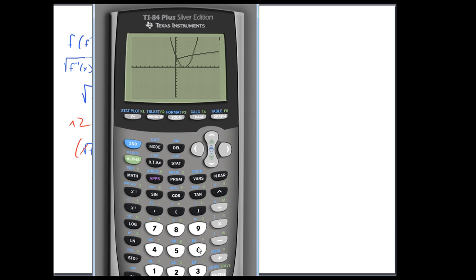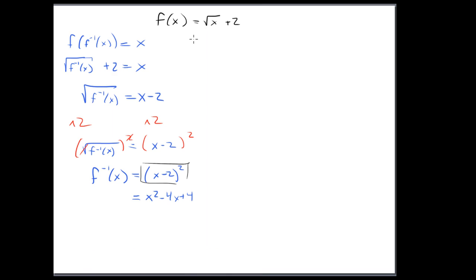There's the square root and there's the square, and we can see that we've got a little bit of an issue with the domain here, and what we really should be doing is restricting the domain of our inverse. So right here, notice how for our function x must be greater than or equal to 0.